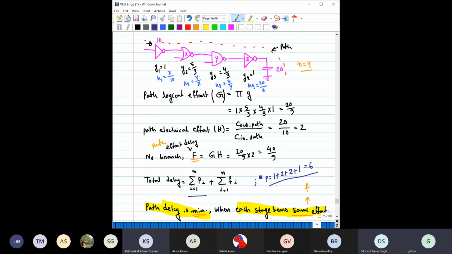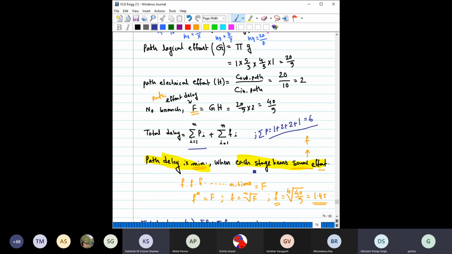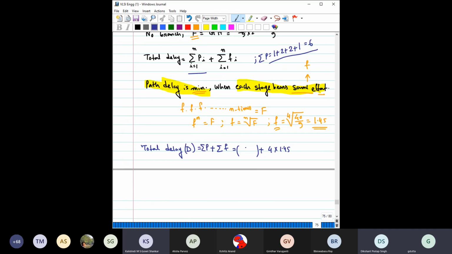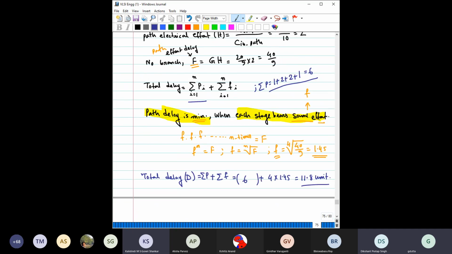So basically this is the summation of P. So you can put it here 6, so it is 6 plus this much, so this would be 11.8 units, right? So basically we are using the normalized delay, so it would be 11.8 units.